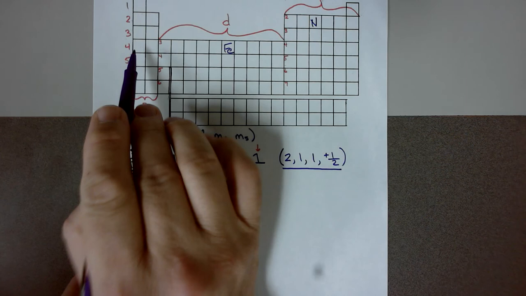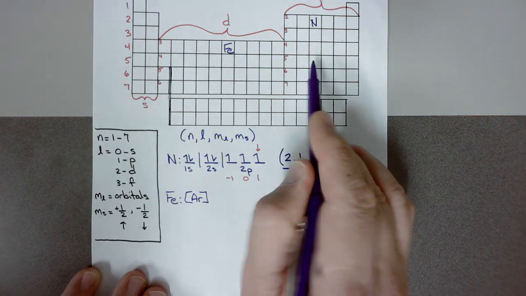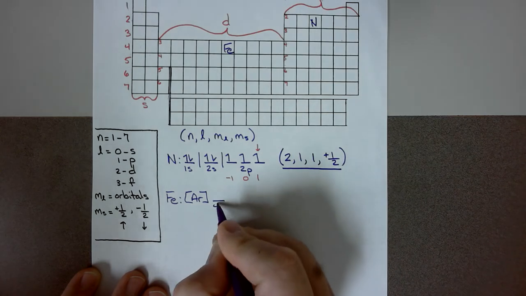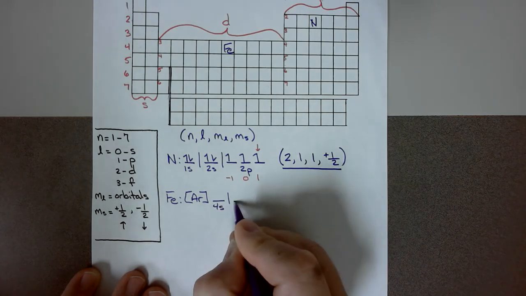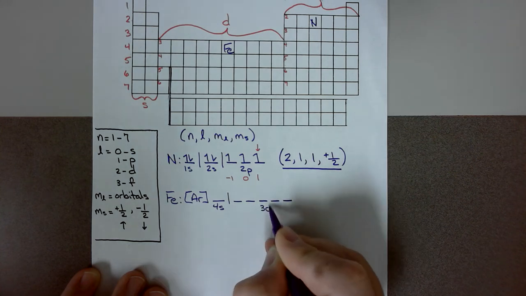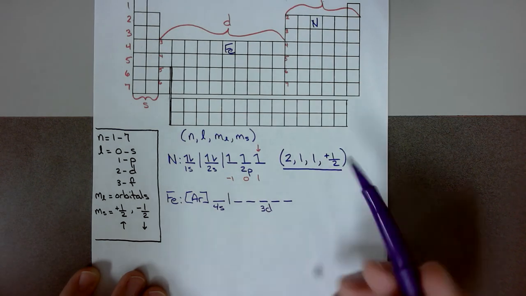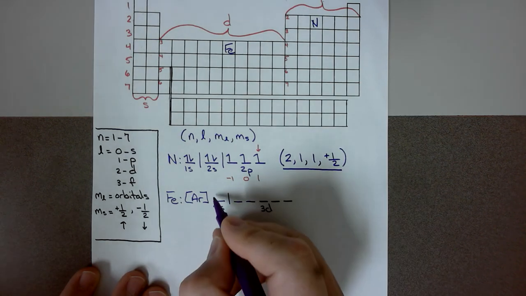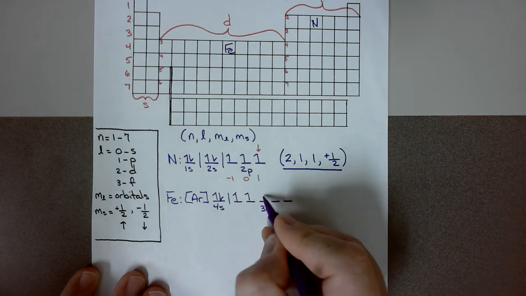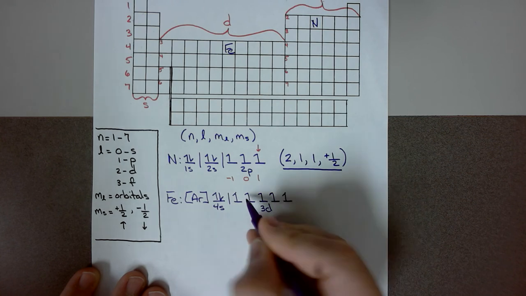And then we're going to have the s orbital and then the 3d orbitals. I'm not going to worry about the p because I don't get there. So I have the 4s, and then 1, 2, 3, 4, 5 3d orbitals. Now I need to put in 26 electrons. I've got 18, 19, 20, 21, 22, 23, 24, 25, 26.